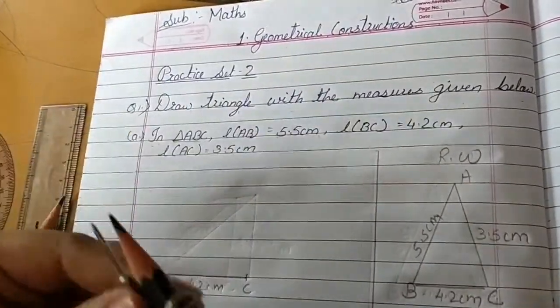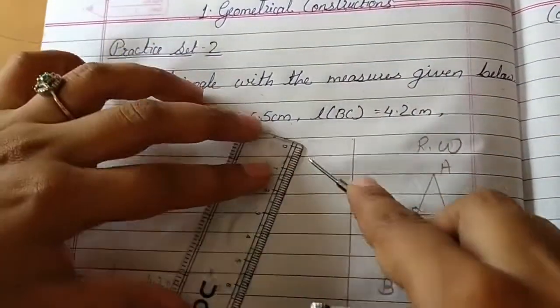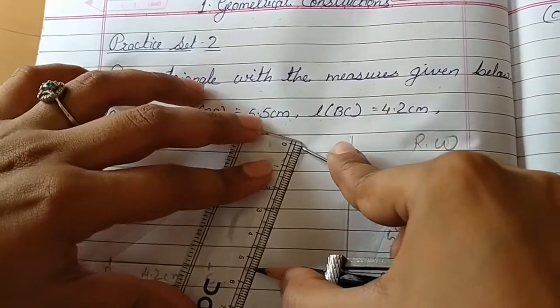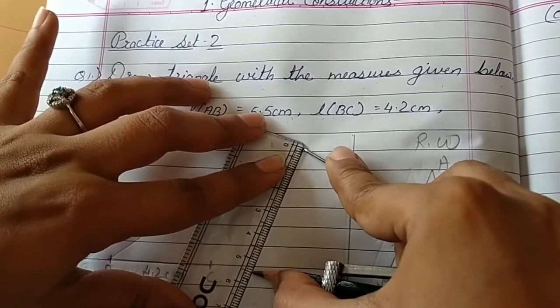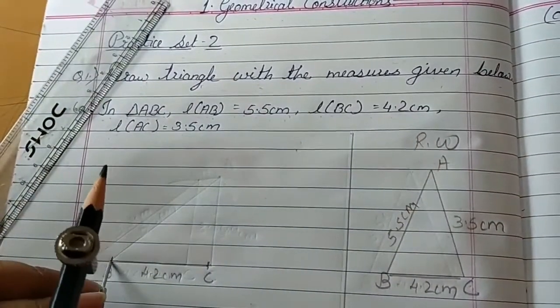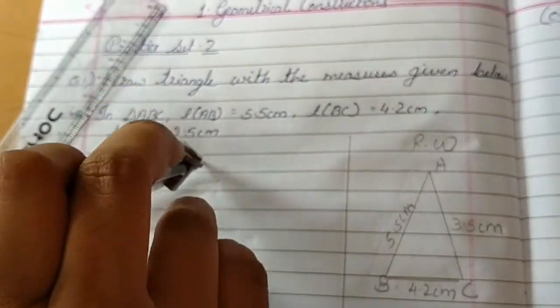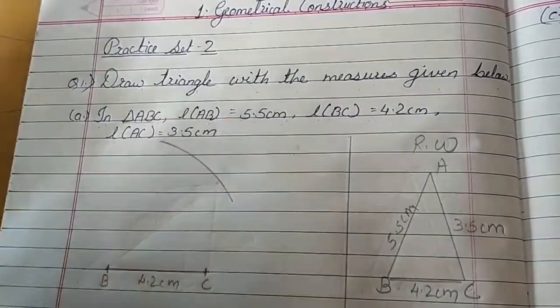Now with the help of a compass and ruler I will take 5.5 centimeters. I will keep my compass point on B and I will draw an arc.